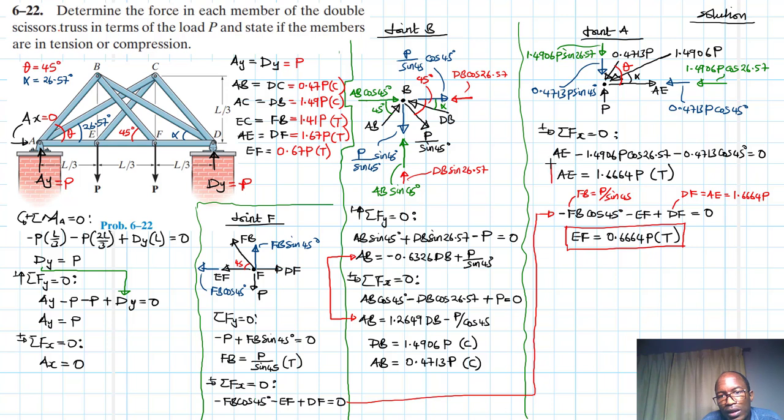Okay, we have EF there, then AE here. Okay, and then we have AB here. Okay, and then we have DB there. Okay, and then finally we have FB. Okay, what else? I think this is really about it.